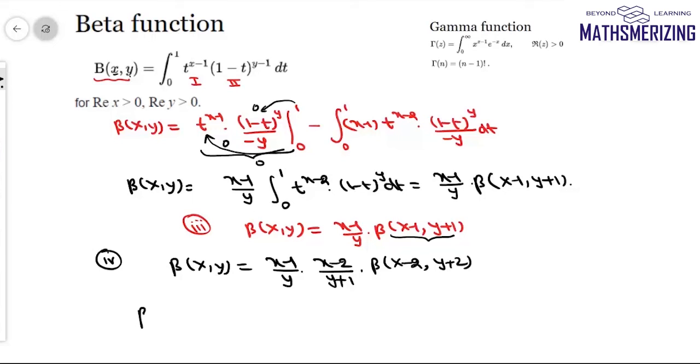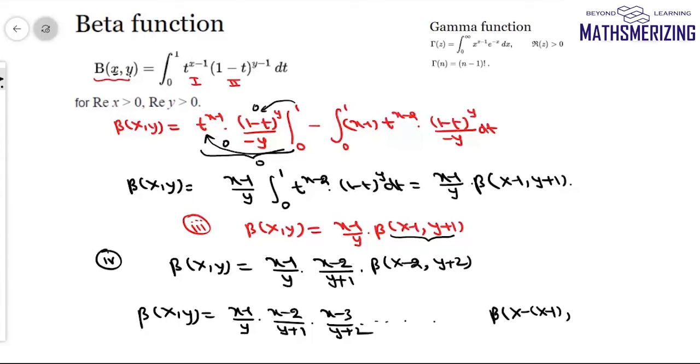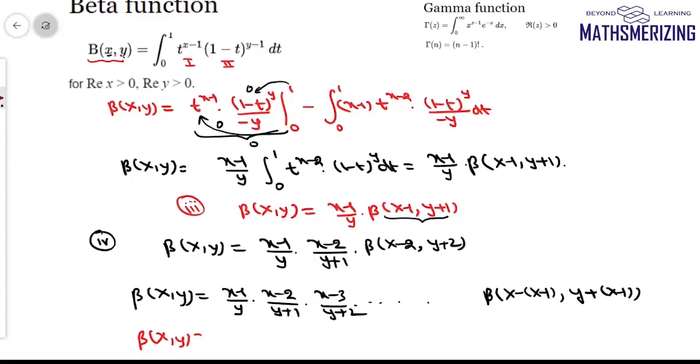Then we can write beta xy as x minus 1 upon y, x minus 2 upon y plus 1, x minus 3 upon y plus 2, and it'll continue up to beta 1, y plus x minus 1.